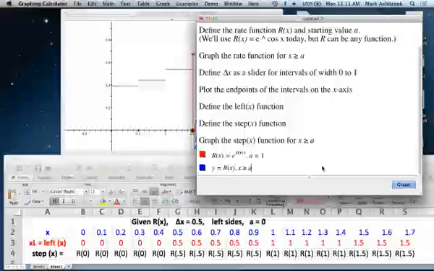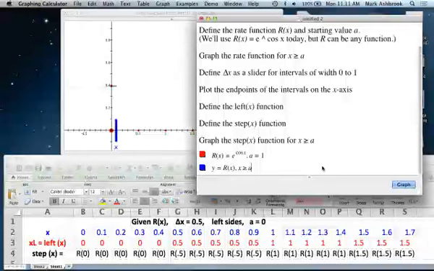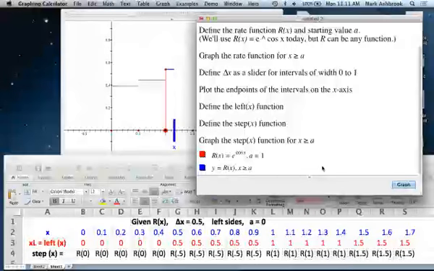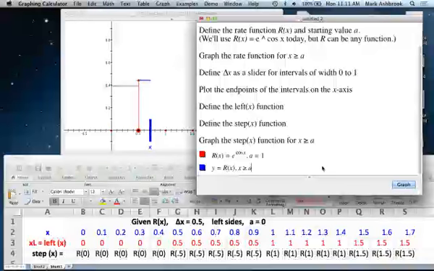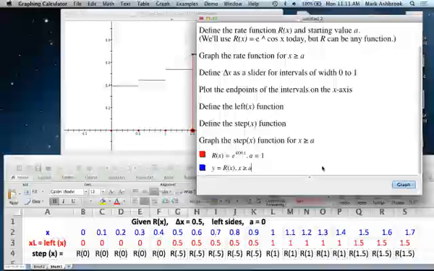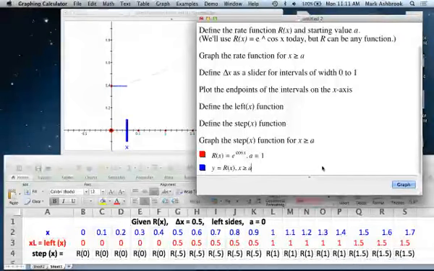Remember how to graph a function. We worked on that. Y equals.